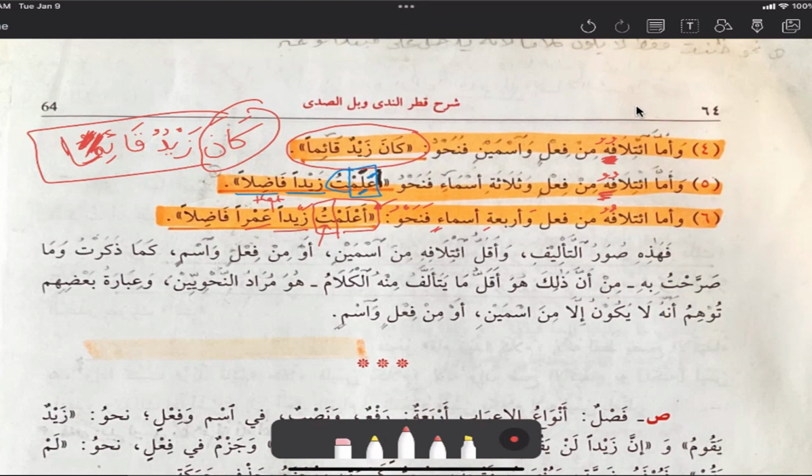This is what the grammarians meant when they said speech is two nominals or a verb and a nominal. They meant the minimum of it, not the extent of it.